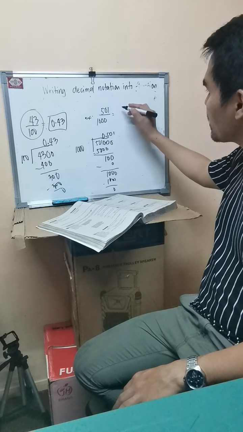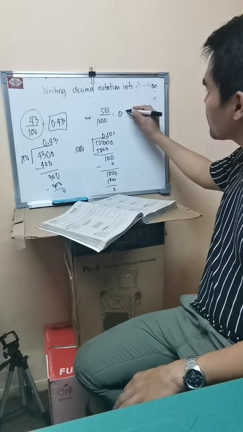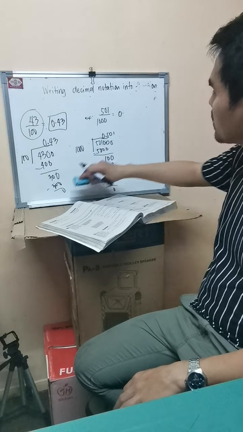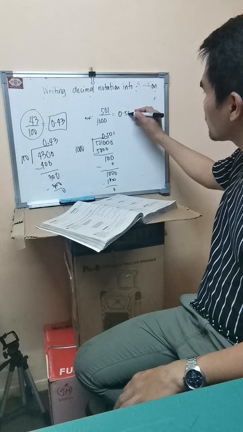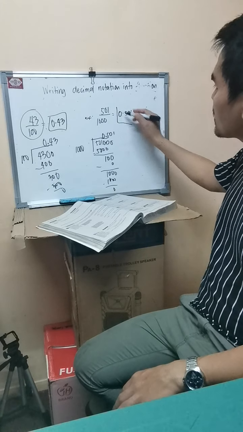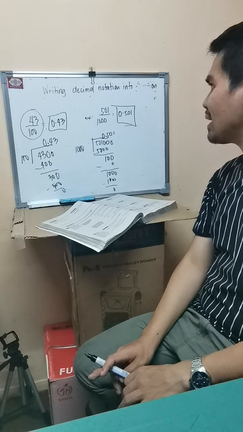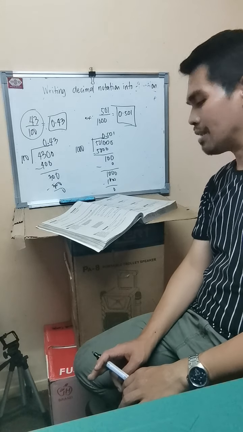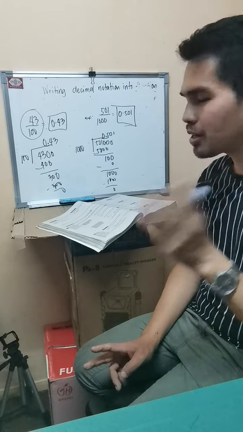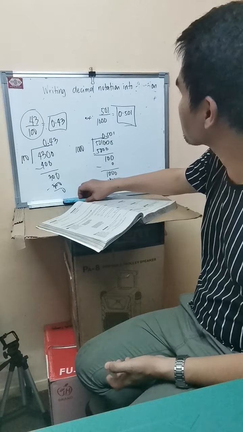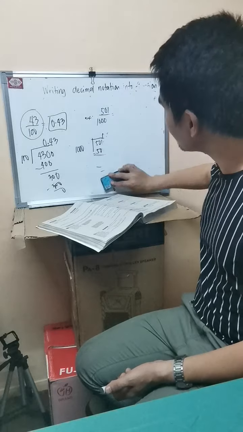So this is going to be 0.501. So this is now the decimal form of the fraction 501 over 1,000. Okay? I'm sure you were all able to follow that part because it's just very easy. So we're good with this one.